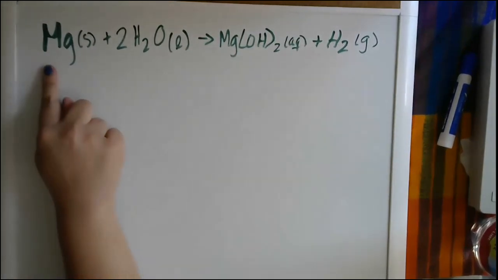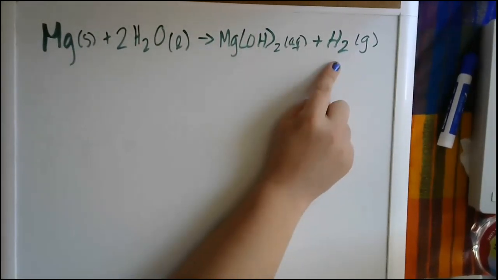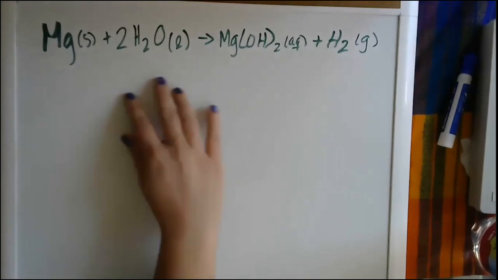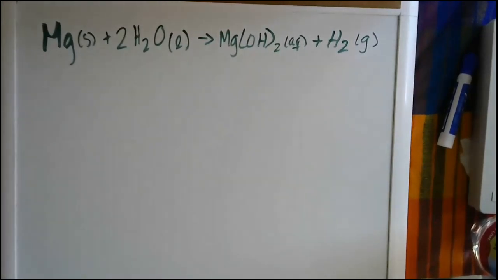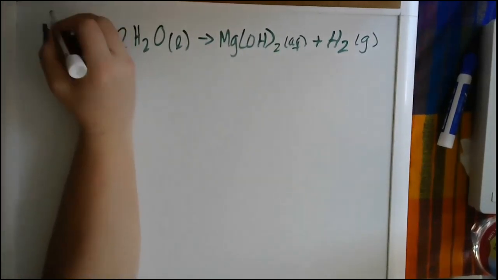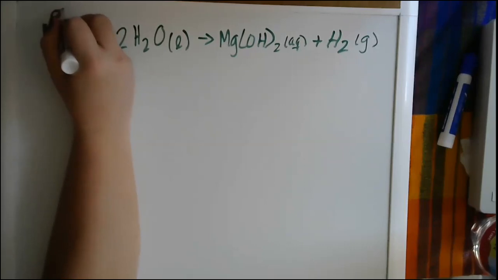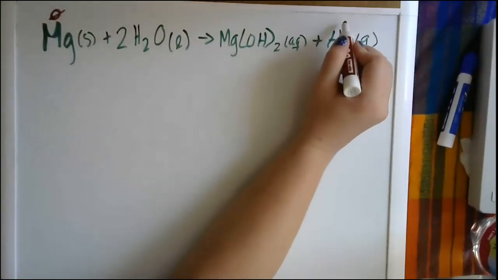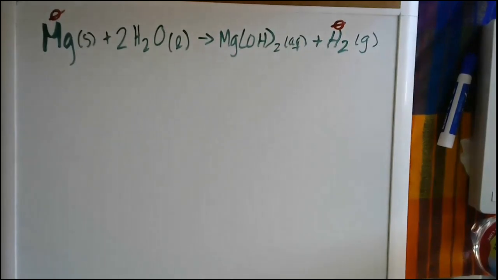I have elemental magnesium and elemental hydrogen in this balanced equation. So right off the bat, the oxidation state of magnesium is 0, and the oxidation state of hydrogen is 0, because that is elemental magnesium and elemental hydrogen.